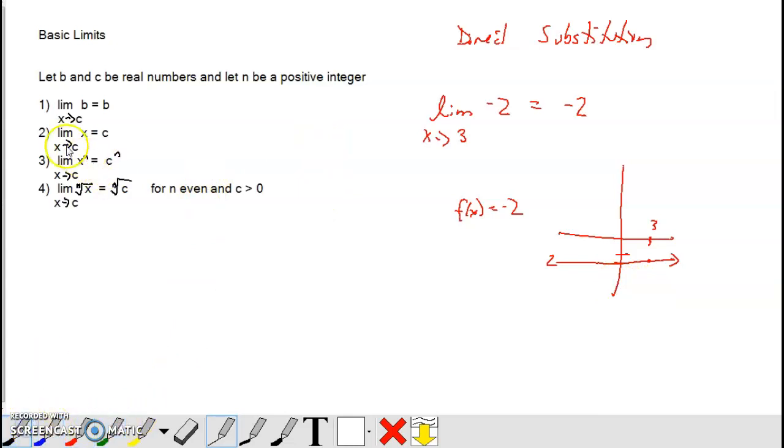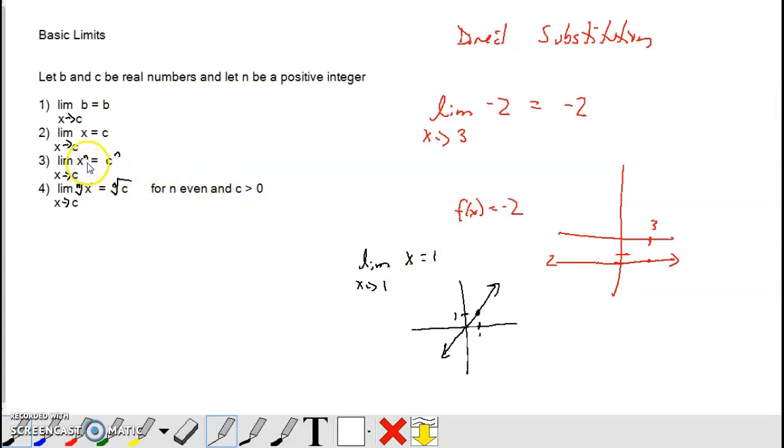For the next one, it says the limit of x as x approaches c is equal to c. Again, this just falls back to direct substitution. So let's say the limit as x approaches 1 of x. This is just a normal line, and if I plug in 1 right here, I'm going to get out a 1. So that's just going to equal 1.